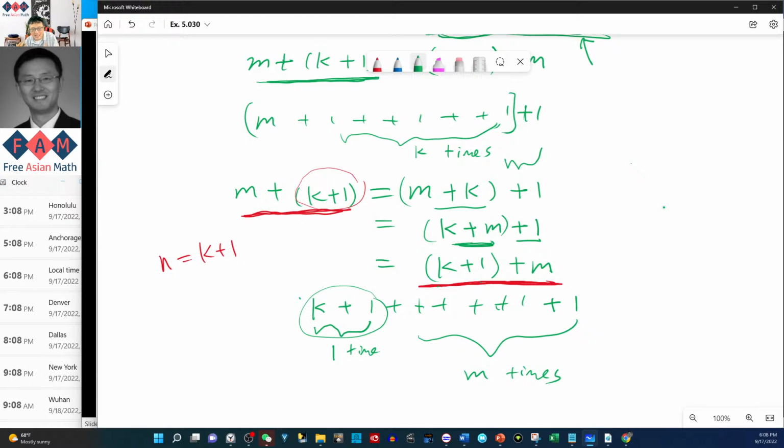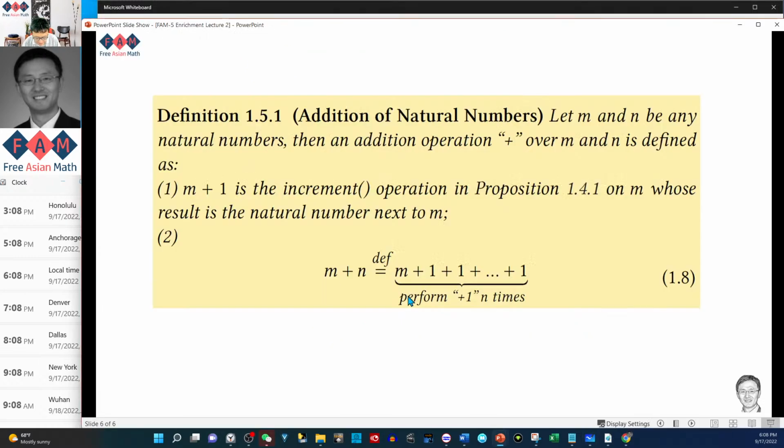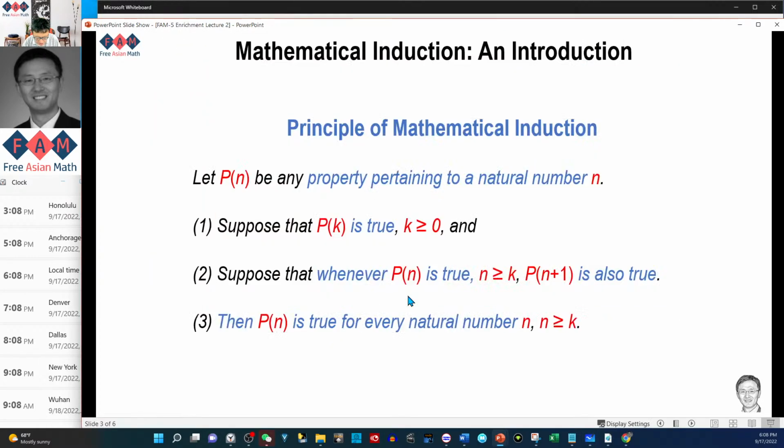When we update k into k plus 1, we once again prove the commutative law works for the next number, k plus 1. Now we have finished both steps in this mathematical induction, the first one and the second one.